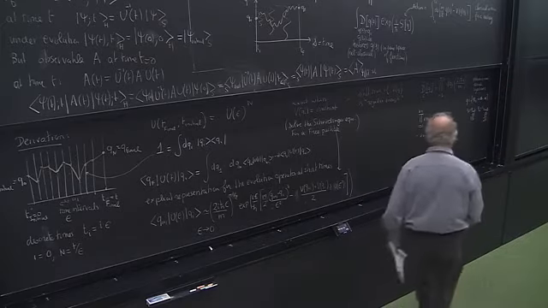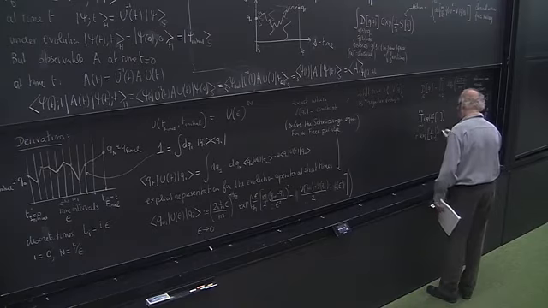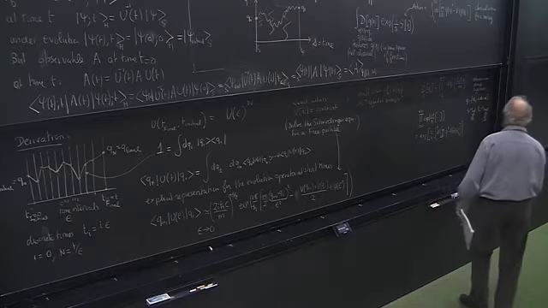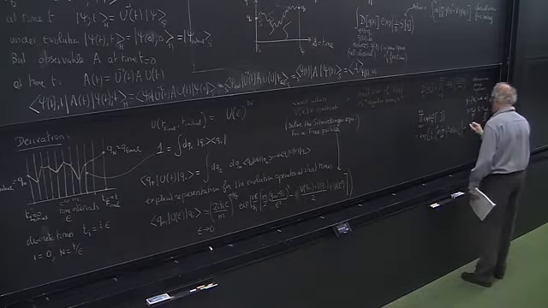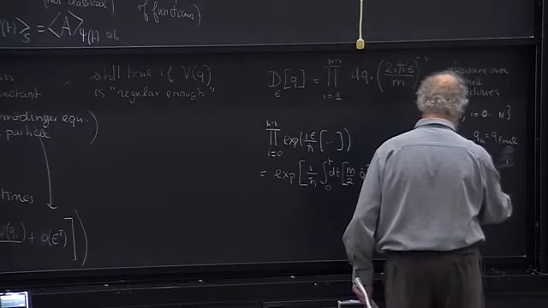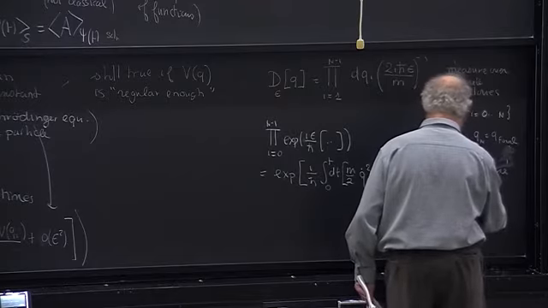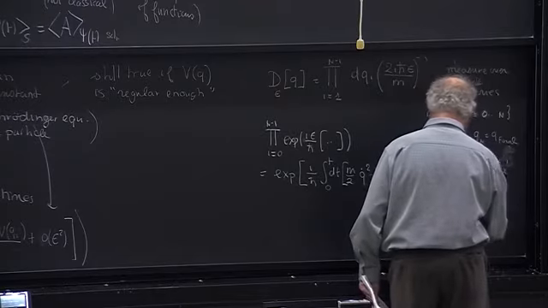This is the notation of dt (m over 2 q dot squared minus V of q of t) for such a discrete piecewise linear trajectory.